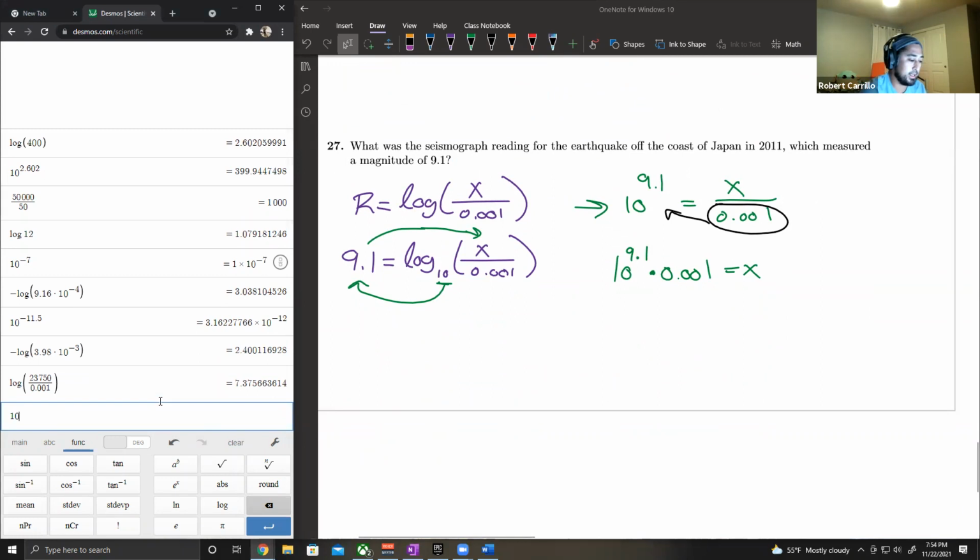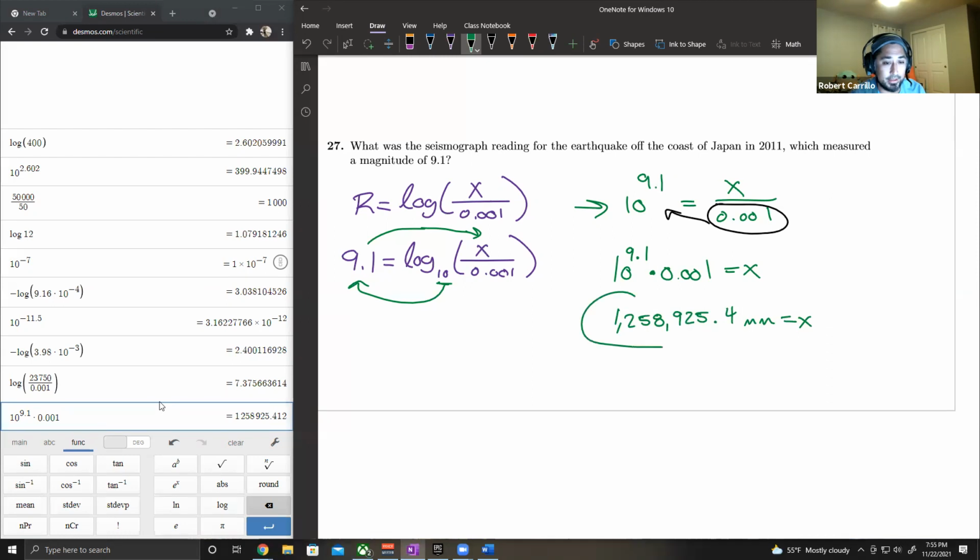And I'm going to type that in just like I wrote it. So 10 to the 9.1 times 0.001. And this earthquake that shook Japan back in the day was, what is that, 1 million? Yep, 1,258,925.4 millimeters.